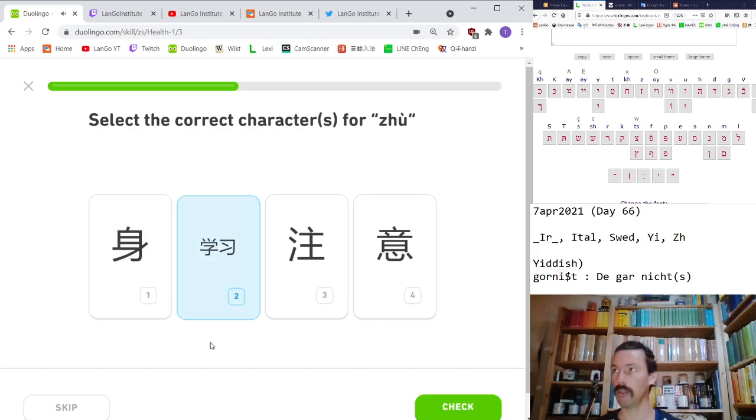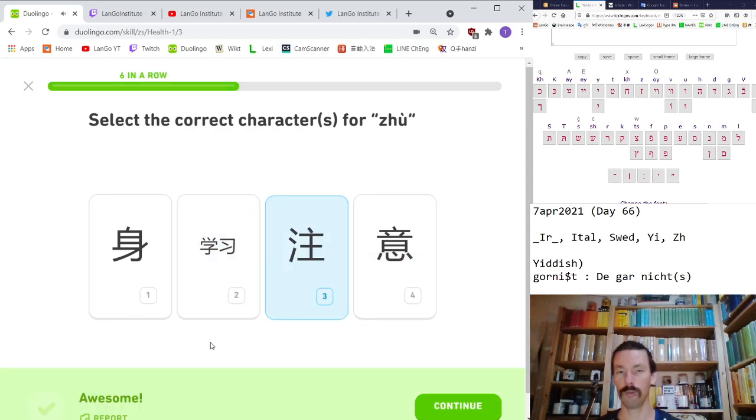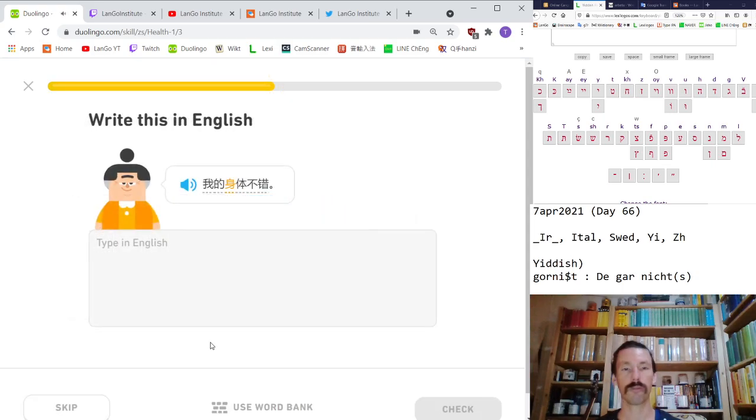And at the end, intent. 意 我的身体不错， 我的身体不错. Literally, it's my body is not bad. My health is okay.